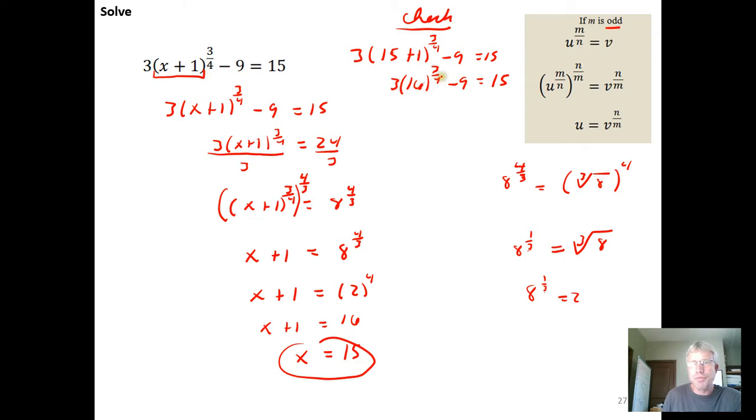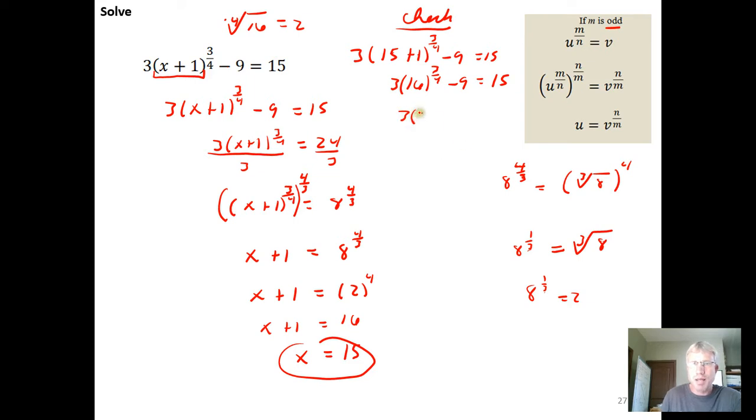The 4 is in the denominator, so we're asking what is the fourth root of 16? What number, when we multiply it by itself 4 times, generates a 16? The fourth root of 16 is 2.